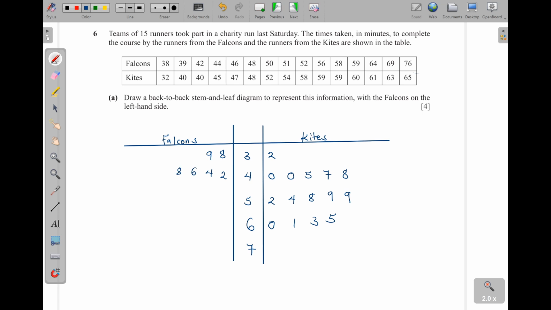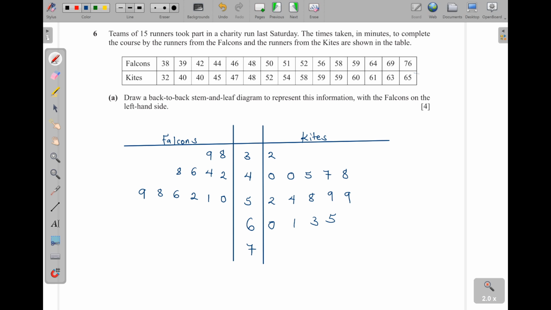Then from there, we can go to the 50s. The 50s are all here. Many. 50, 51, 52, 56, 58, 59.